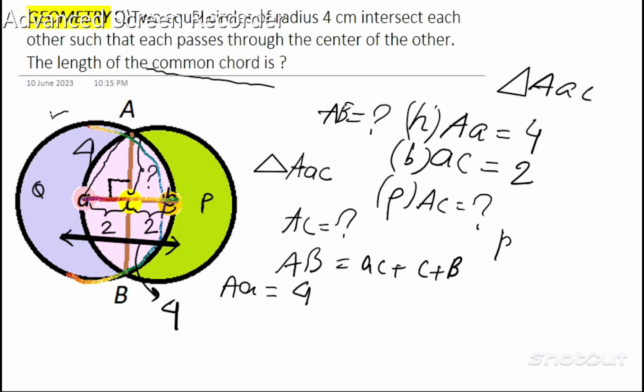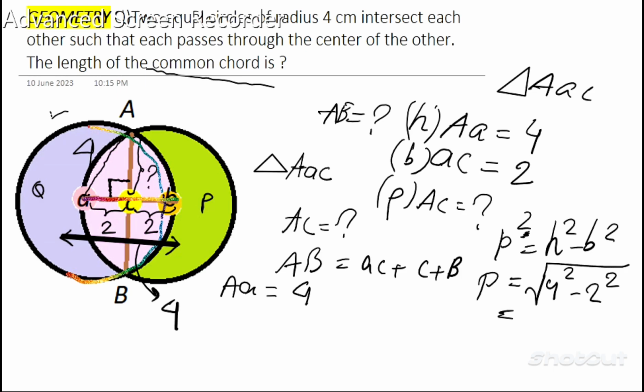We know that perpendicular square would be h square minus b square. So you plug in the values, 4 square minus 2 square. All right. And then you have to remove the square from p. So what do you do? You throw a root over their heads and solve it. So 4 squared is 16, and 2 squared is 4, and 16 minus 4 gives you root 12. Okay?